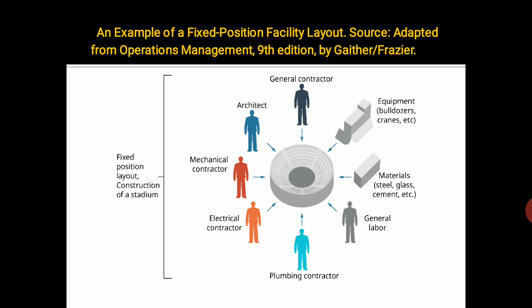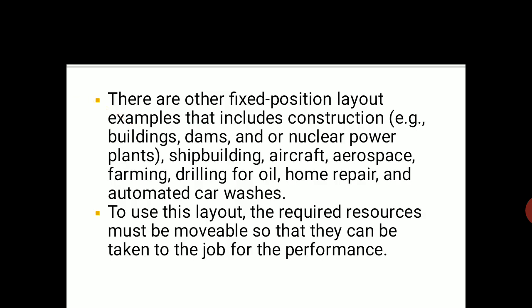Instead, everything which is required for manufacturing or constructing comes to the location, and the product remains static. Right, so there are other fixed position layout examples also. It may be buildings, the construction of dams or nuclear power plants, shipbuilding, aircraft, aerospace, farming, drilling for oil, home repair, and automated car washes.